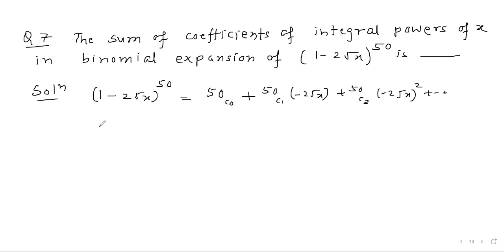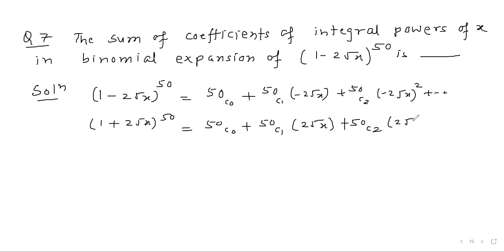And we also write (1 plus 2 root x) whole power 50. So it will become 50C0 plus 50C1 times 2 root x plus 50C2 times (2 root x) whole square and so on.